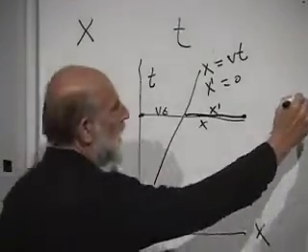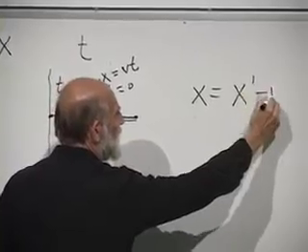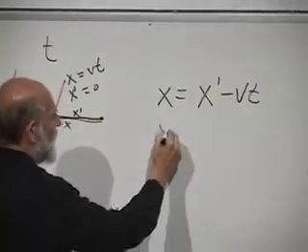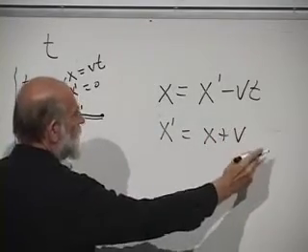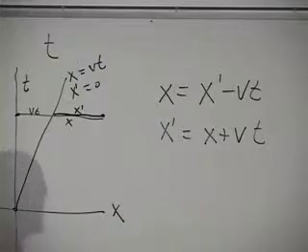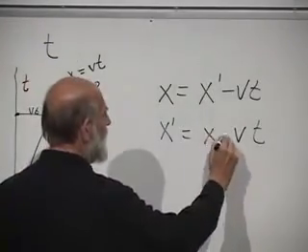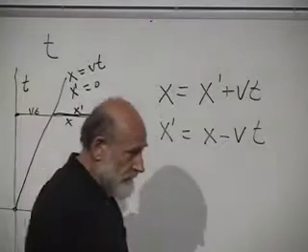In particular, x is equal to x prime minus vt, or x prime is equal to x plus vt. Do I have it wrong? Yes, I do. X prime is x minus vt, and x is x prime plus vt. That's correct now. All right, what about time itself?